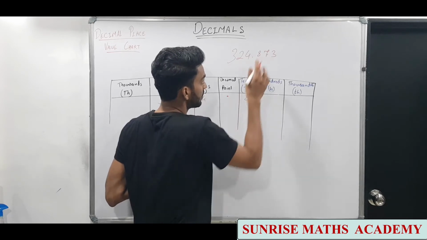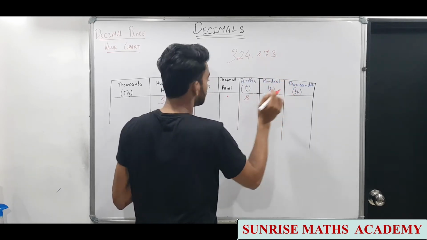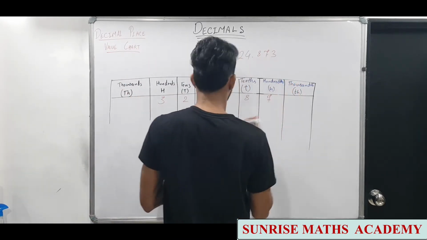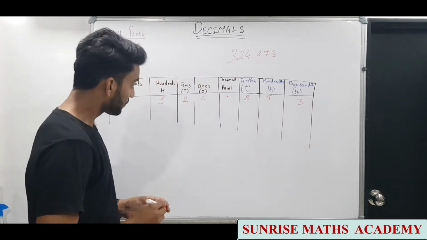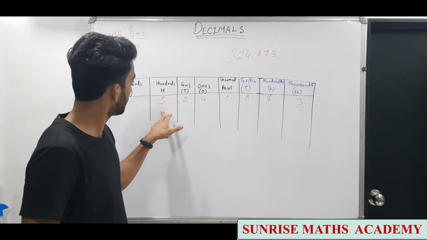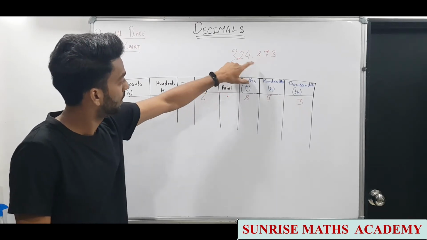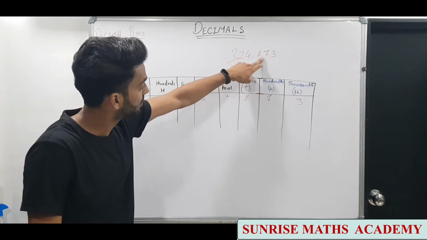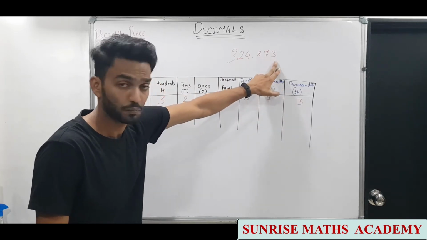Here this is 8, this is 7, that is hundredths, and then we have the thousandths, which is 3. So we write 3 in the hundreds place, 2 in the tens place, 4 in the ones place. Then we have the decimal point. Then 8 is in the tenths place, 7 is in the hundredths place, and in the thousandths place we have 3.